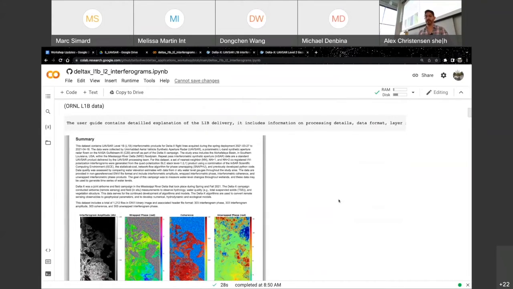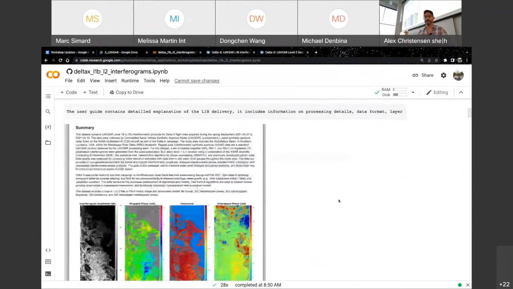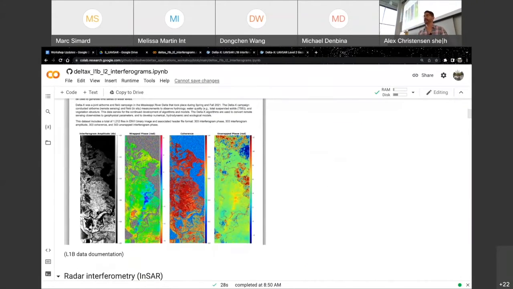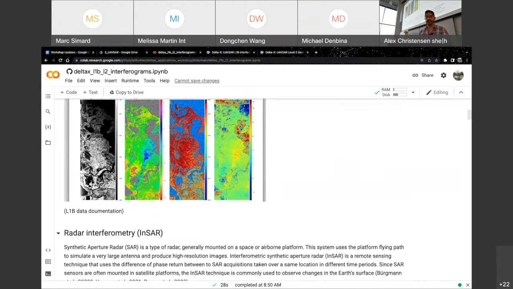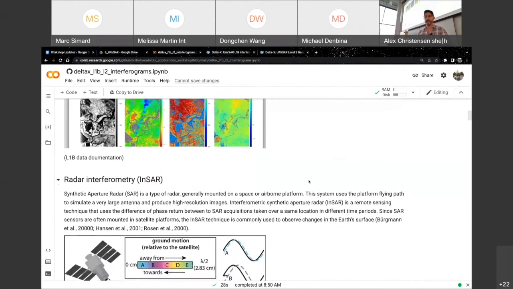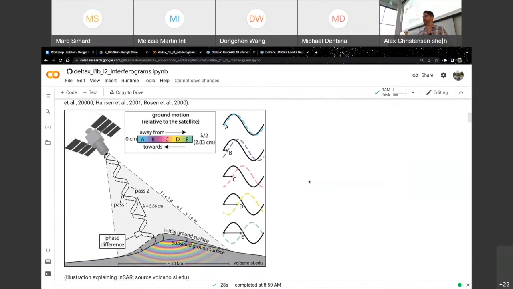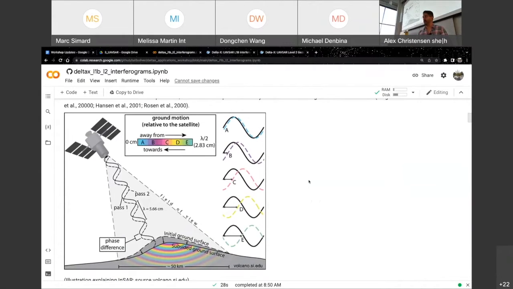So then again, a little bit of the same guide that we just saw, how to access the data. We've just been looking at this exact same site where the documentation is located. And we go back to how the InSAR works.